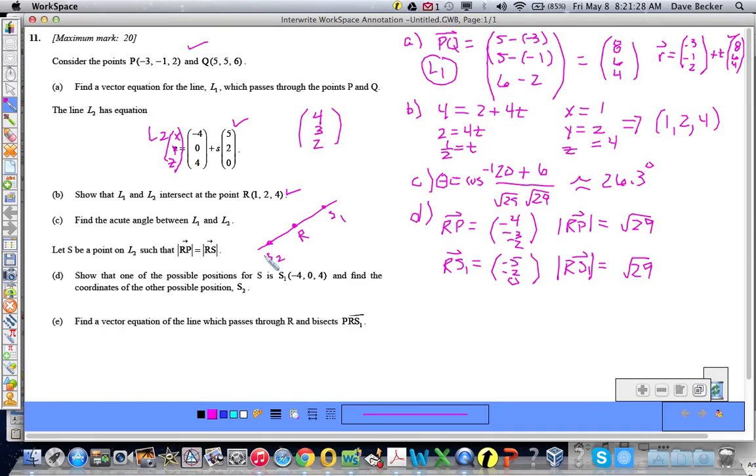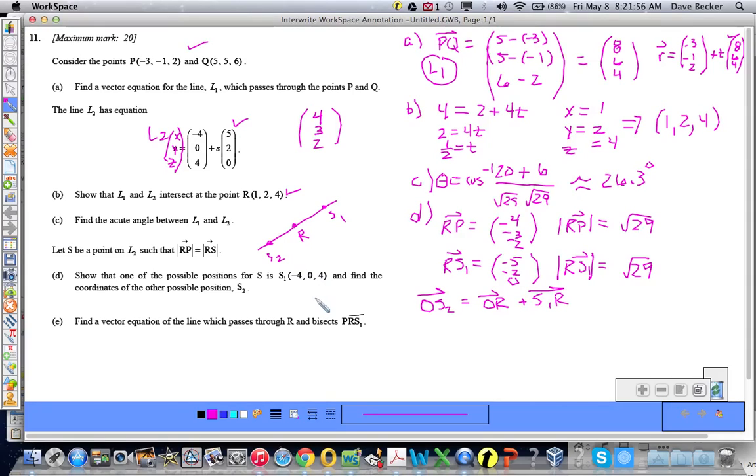Why do I tell you that? Well, because if this is true, if you can imagine the origin, the vector OS2 is going to be equal to OR plus the vector S1R. Think about that.